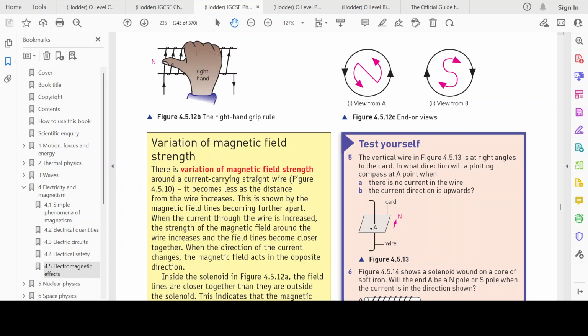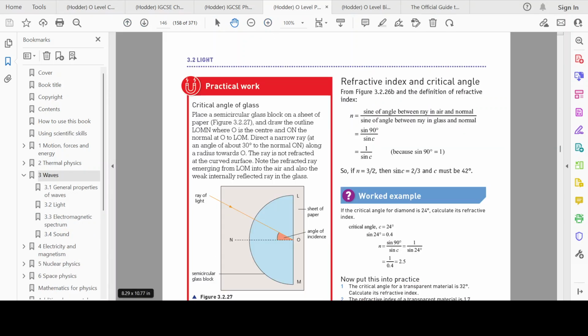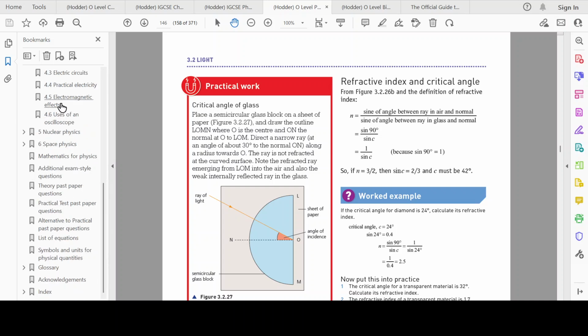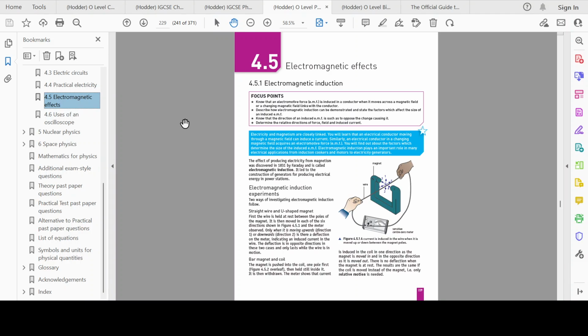This topic is not included in the O level syllabus, no? Or is it? Right, so let's move to electromagnetic effects.